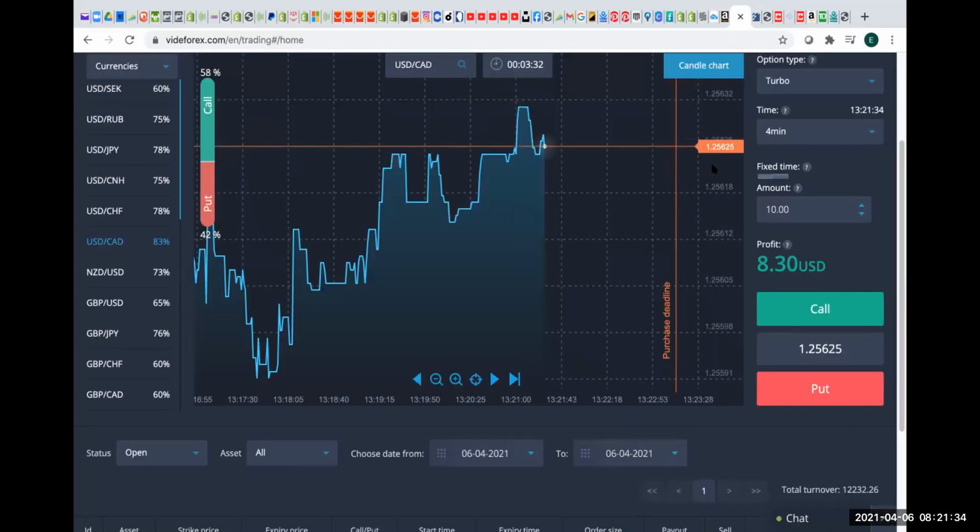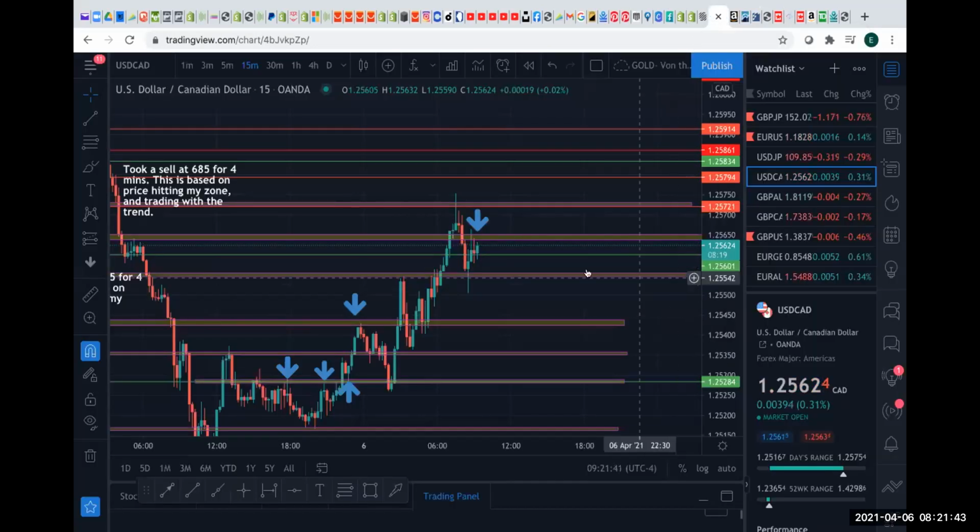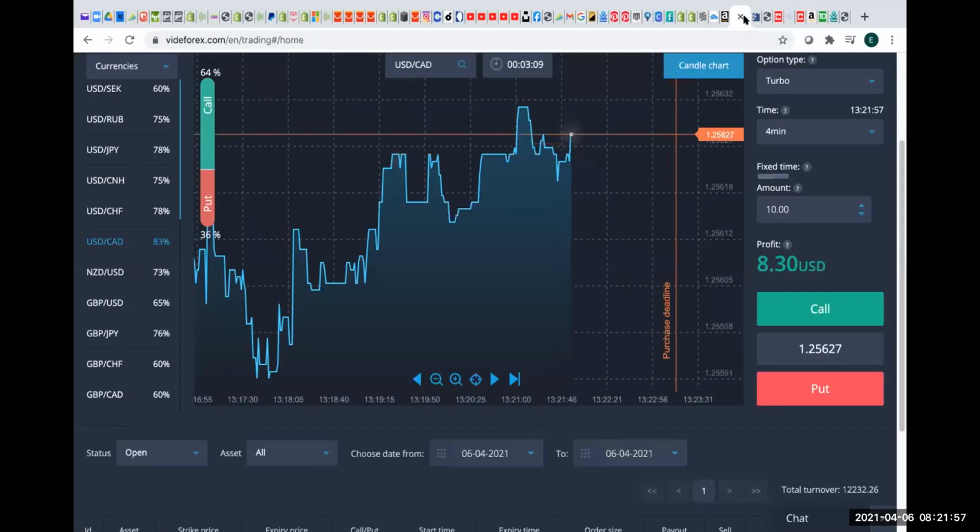See if it gives me a little spike up. If it gives me a spike up to 635, I would take it.